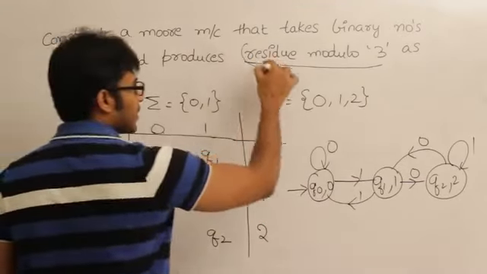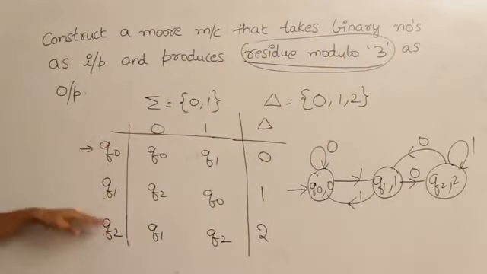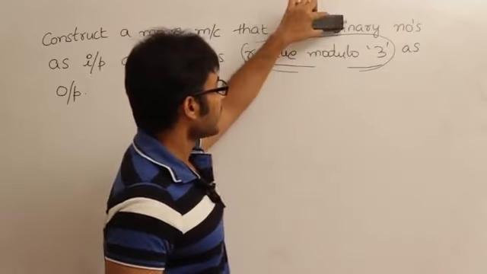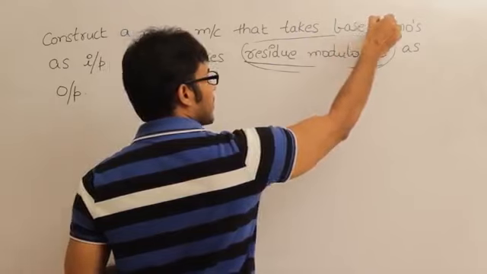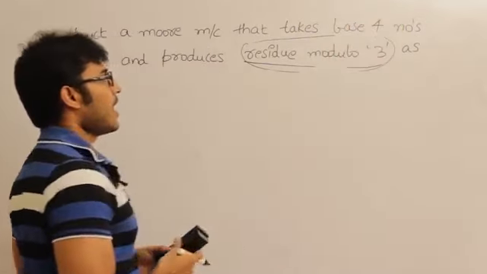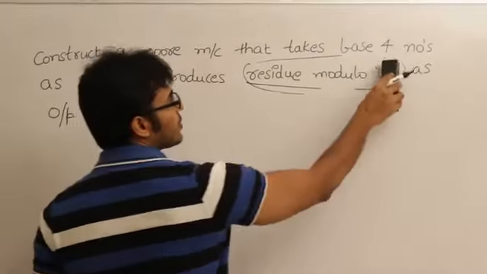For such a question, whenever it is divisible by 3 or remainder modulo 3, it is easier to go with this particular kind of state transition table. The reason is you can even extend the question to other levels. Let us say I want to extend the question like this: construct a Moore machine that takes all base 4 numbers, instead of binary numbers, and that produces the remainder modulo 5, instead of modulo 3.